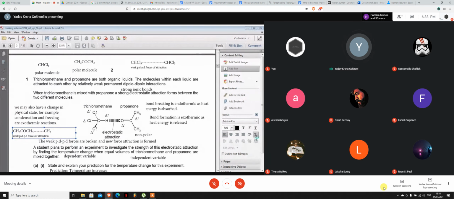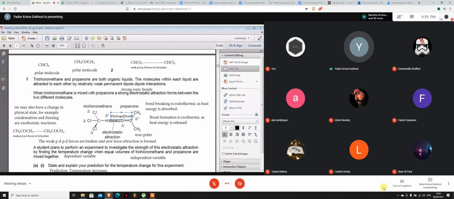If you look at this new electrostatic force of attraction, you will see that it is a hydrogen bond. And we all know that hydrogen bonds are strong bonds. Okay, so here we have hydrogen bond. The force which is formed is hydrogen bond.